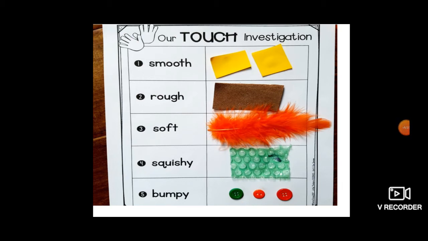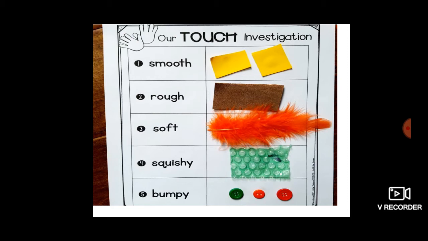Here we have a touch investigation that tells us about the touch of some materials. Here we have some materials, papers, sandpapers, feathers, and squishy bubbles that are plastic bubbles, and buttons.